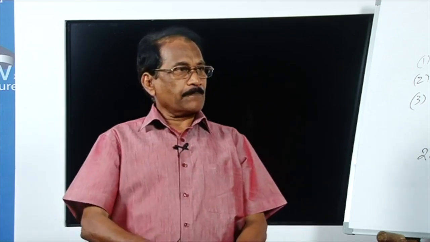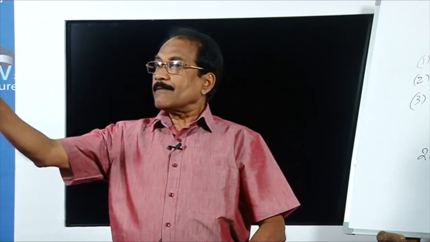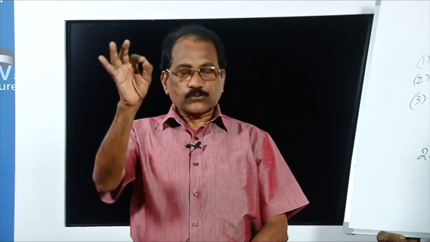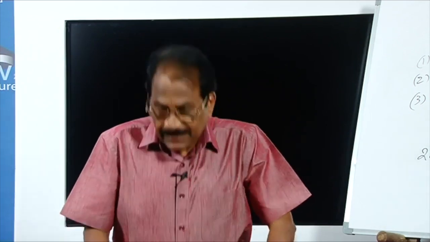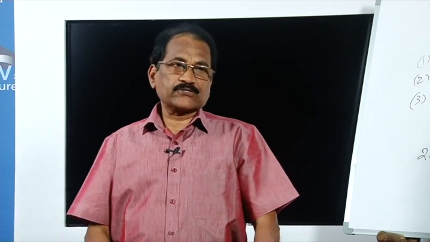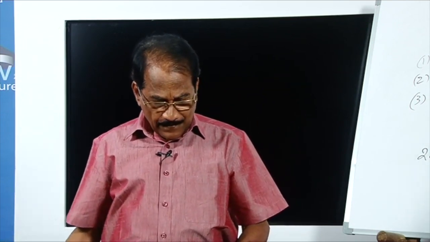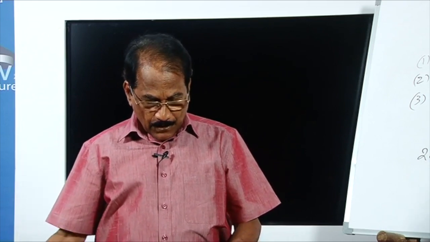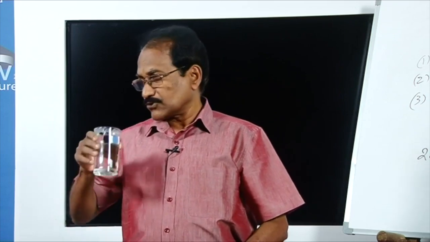The first program, in the main program of Nava Kerala Karma Paddhati, the first one is Harita Kerala Paddhati. Harita Kerala Paddhati consists of 3 components. 1. Sanitation and waste processing.